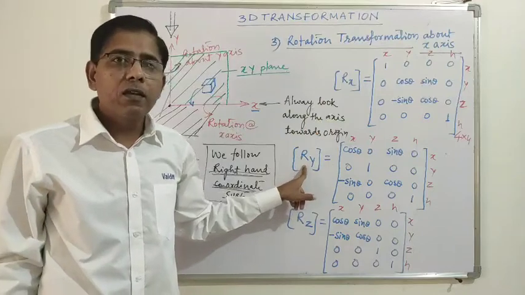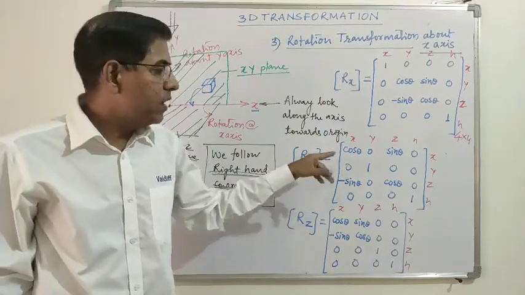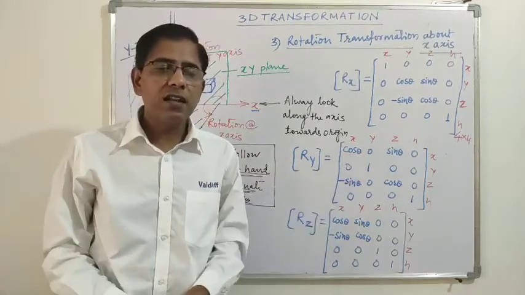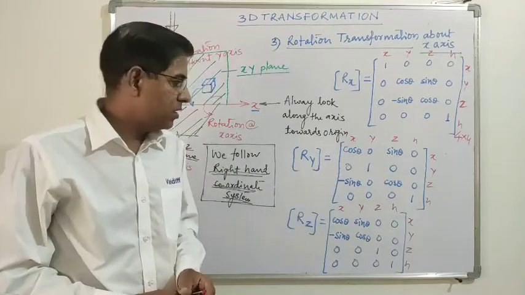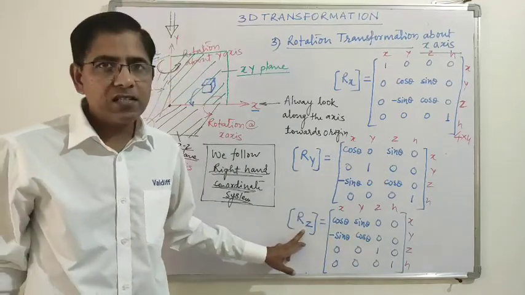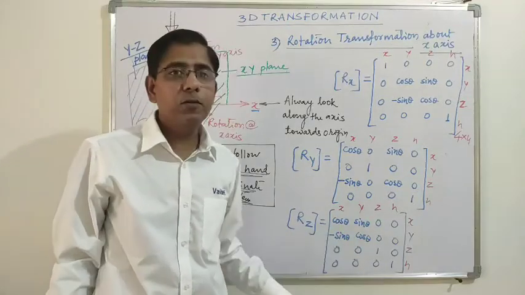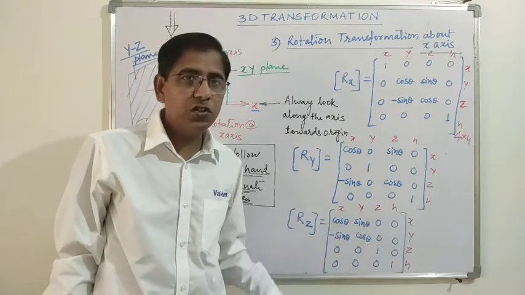Similarly, rotation about y-axis is actually happening in xz plane, and that is why we have kept the cos theta sin theta functions at x and z positions. And rotation about z-axis is actually happening in xy plane, and that is why we have kept cos theta sin theta functions at x and y positions.